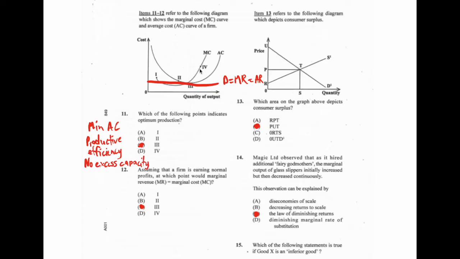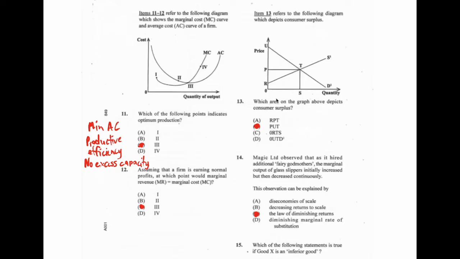So we've satisfied MR equals MC right here at 3, and at this point on the AR curve we get our price, and we'd also get our cost, because the cost is intersecting there as well where the AC curve is at its minimum. Where price and cost are equal, that is where normal profits are made. It's the minimum profit needed by the firm to stay in business.